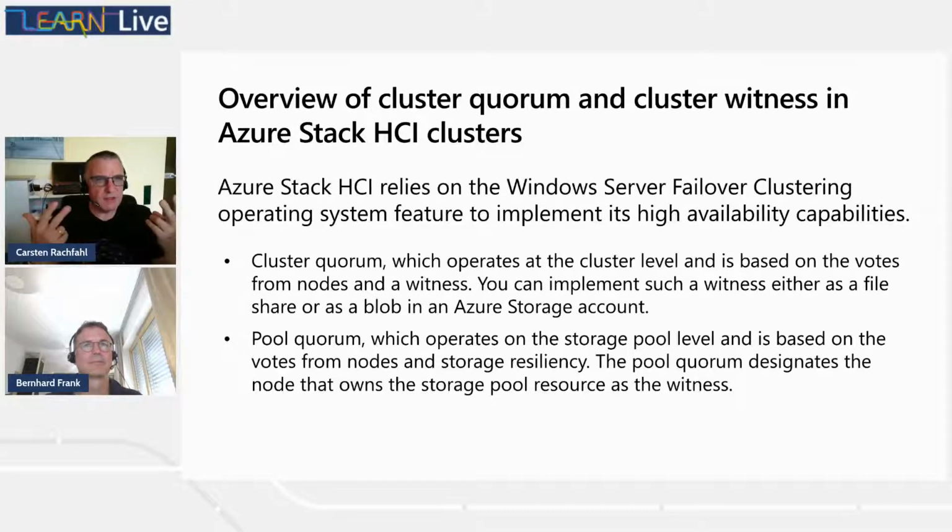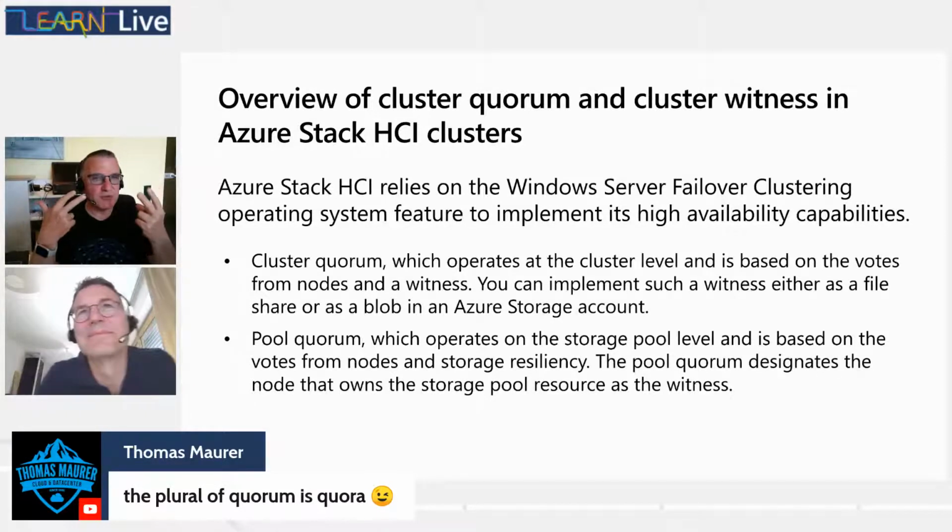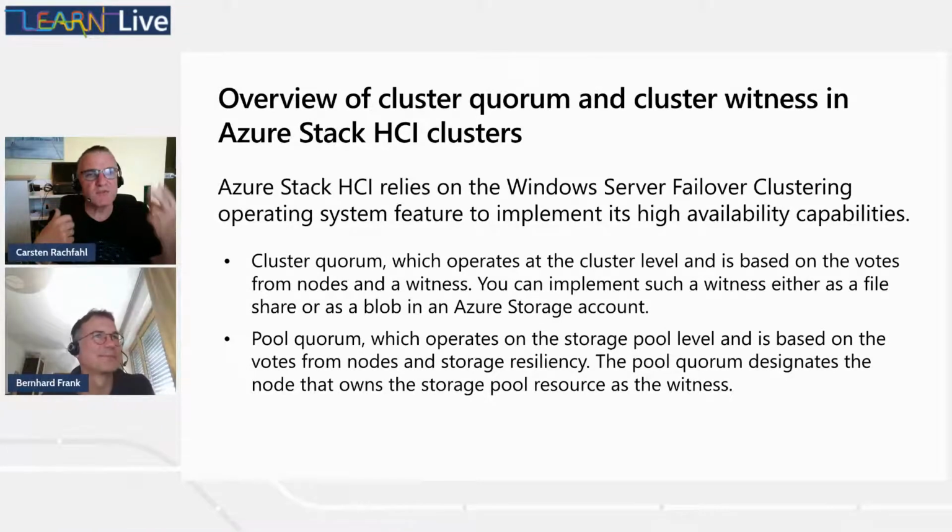Now, when we have another witness somewhere, these see 3 votes, and the other side sees only 2 votes, so they shut down the VMs, and the ones with the quorum start the VMs. Sorry for the long explanation, but I can't do it shorter.